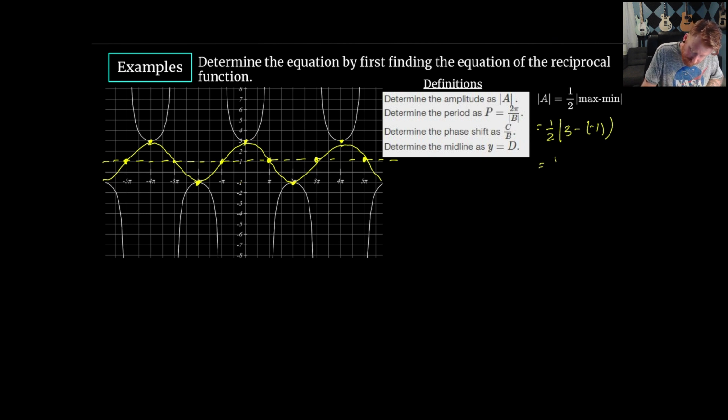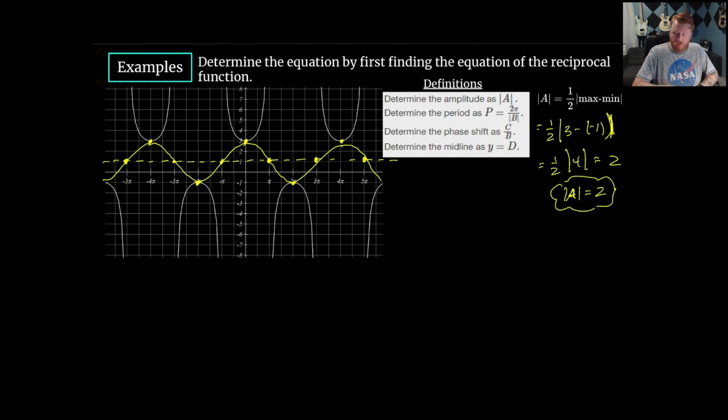And so this is going to give me 1/2 times the absolute value of 4, which is 2. So our amplitude is 2. I kind of already predicted that before. I'm trying to get this midline roughed in there. But now we've got the amplitude being 2, so I can say amplitude is 2. I'll just put a little cloud around that, so this isn't the answer, but it is a portion of what we might need going forward. So this is just to quickly find all the pieces that I need as I go forward.